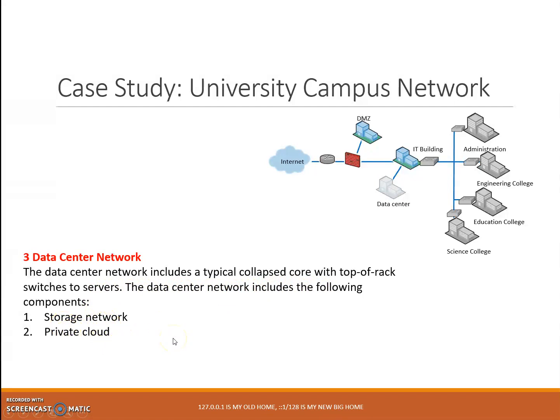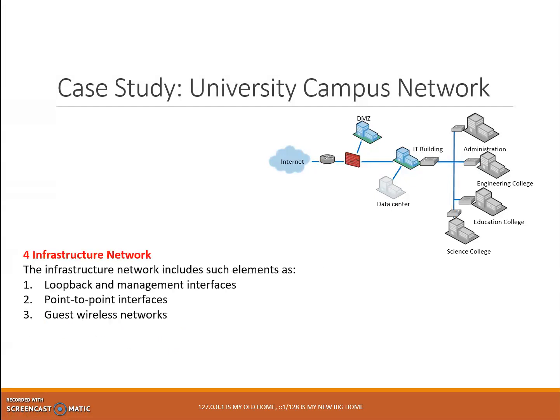This is for internal use, I mean for the university usage. The fourth network is the infrastructure network. This includes such elements as loopback and management interfaces, point-to-point interfaces, and guest wireless networks.